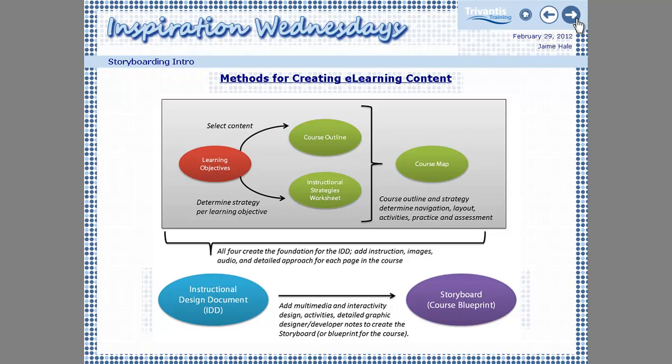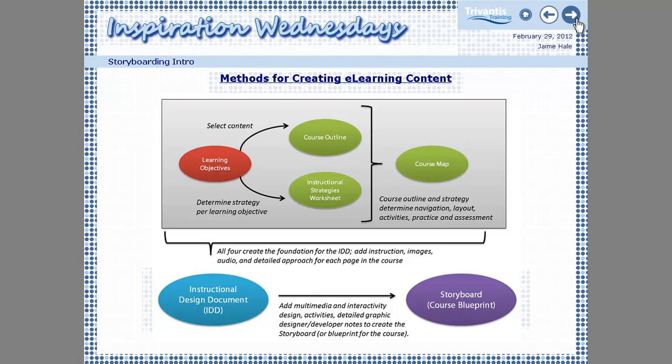And the first thing I want to go over is just a storyboarding process. How do you create your e-learning content? So what you currently see in front of you is a mind map that we've created, just pointing out some of the basic features or a specific process, if you will, of how to create your e-learning content.